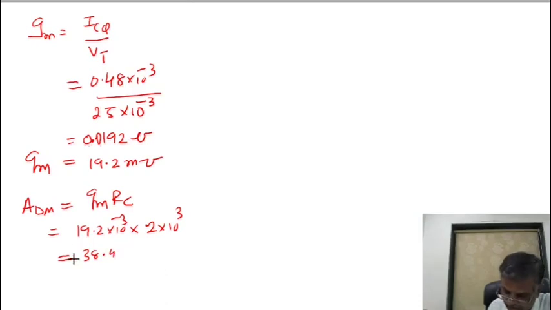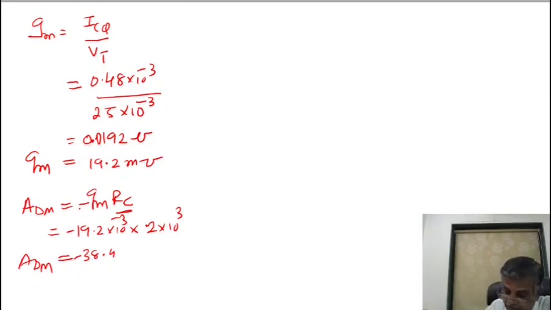This is your answer. If I want to put the minus sign, I don't mind. When you calculate the gain, you can put it. You know that gain is always negative, meaning there is a 180-degree phase between input and output. So I am putting the minus sign.